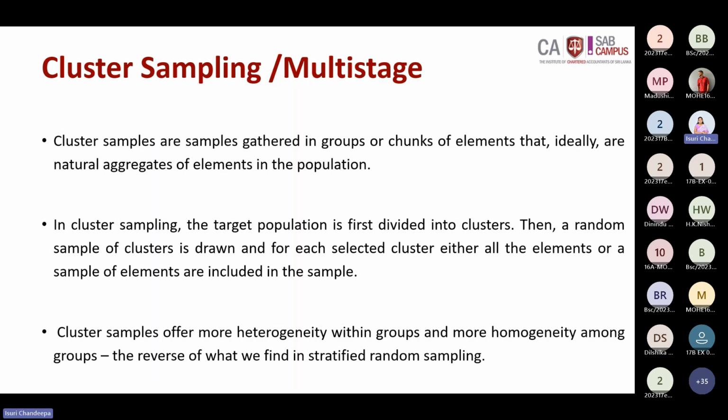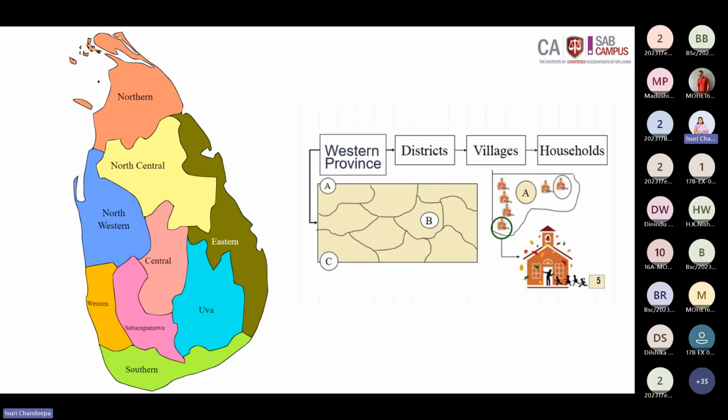It may be more clusters, not just one cluster. Once you identify the clusters, you can select and apply the random sampling technique to the clusters, right? Okay, we'll have an example of cluster sampling.